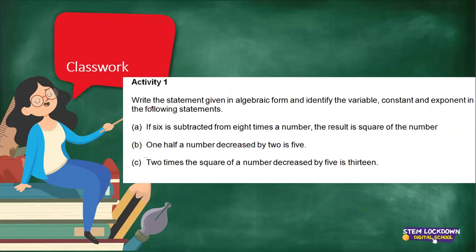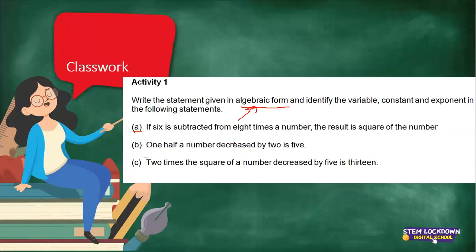Now this question says, write the statement given in algebraic form, and identify these variables. Let's look at the first one, A. Let's do A together. I want you to write A in this format, using variables and numbers.